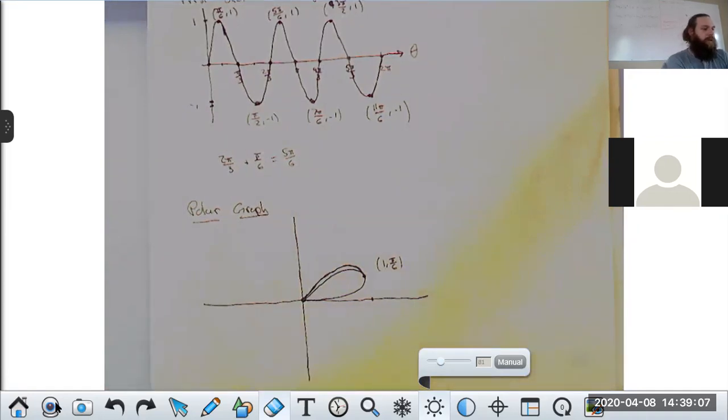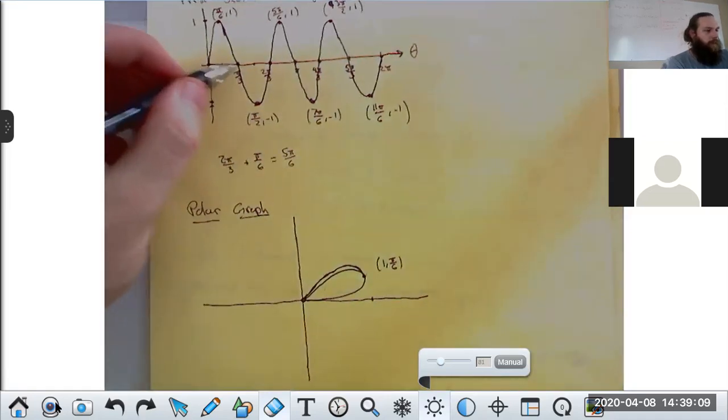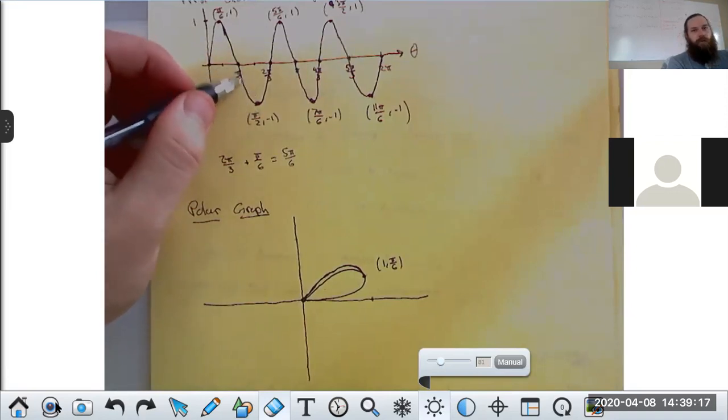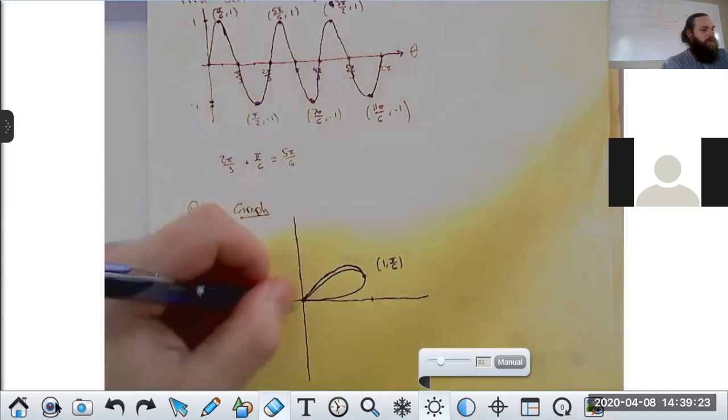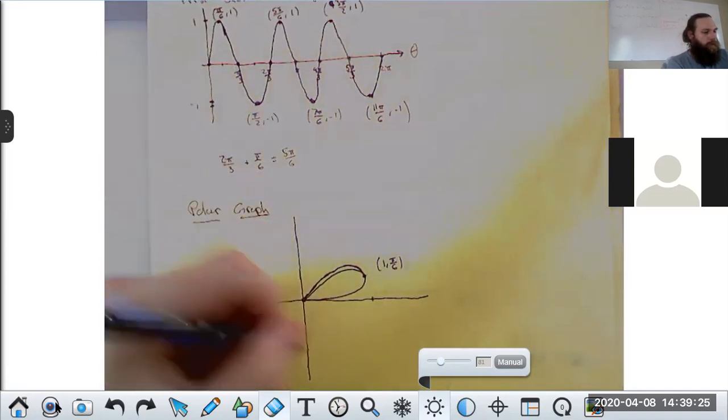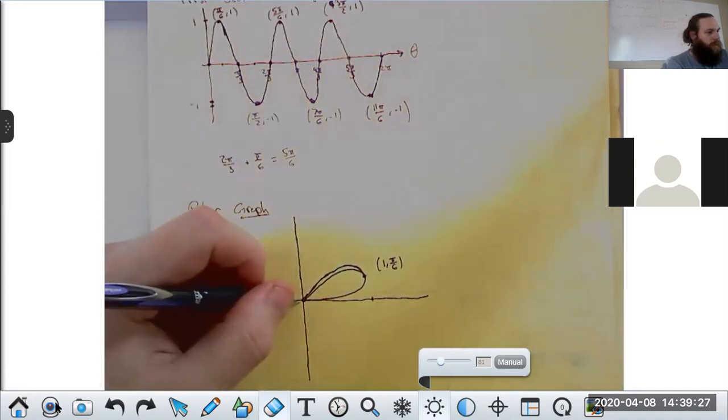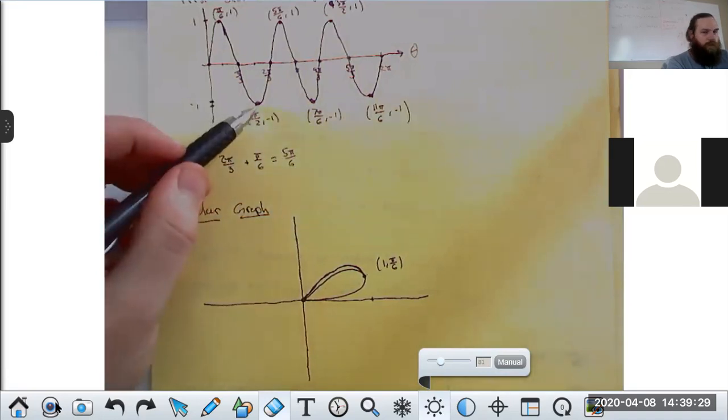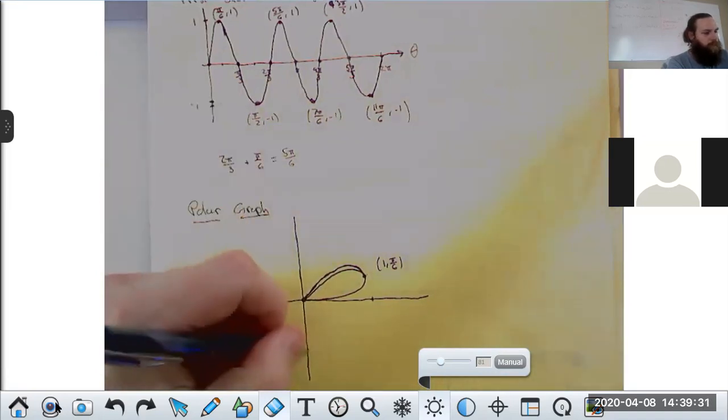But the same sort of thing happens. As theta comes past pi over 3 towards pi over 2, r is no longer 0. So the absolute value of r is getting larger, which is going to have me run out until I reach this extreme point at pi over 2.